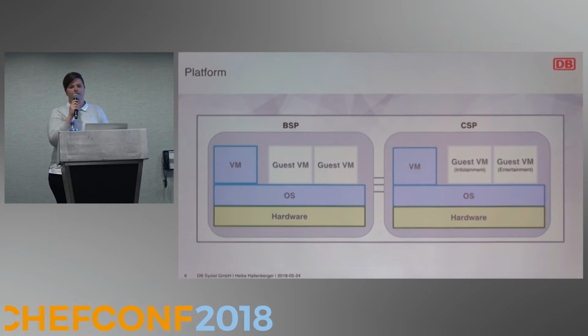And it was planned to keep the base system as slim as possible, so any additional services we would provide in virtual machines running on the platform. Also, we would have enough space for third-party manufacturers to provide their own virtual machines with additional services.